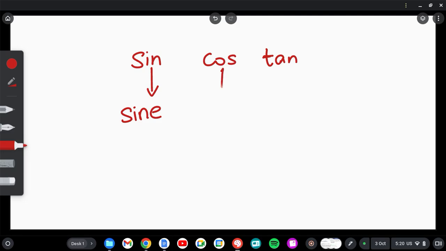Alright, this one, the cos button, is cosine. Okay, cosine. Or if not, you can follow me and say cosine. No problem. And the last one is tan, but you cannot just say tan.